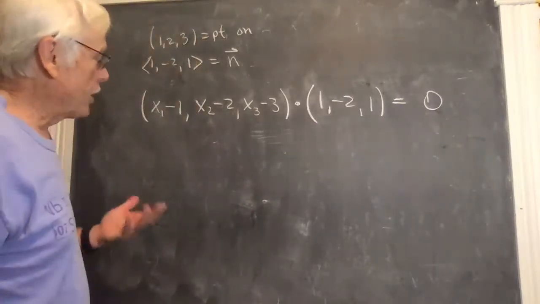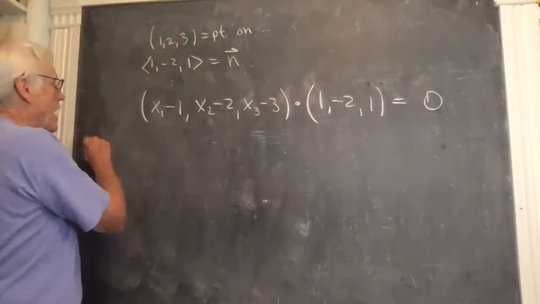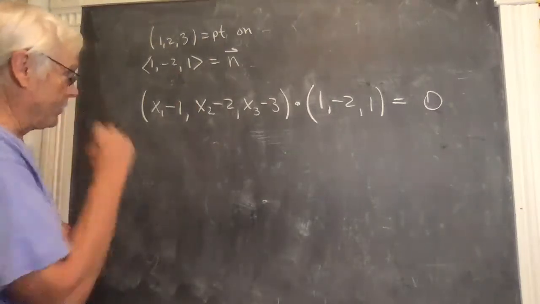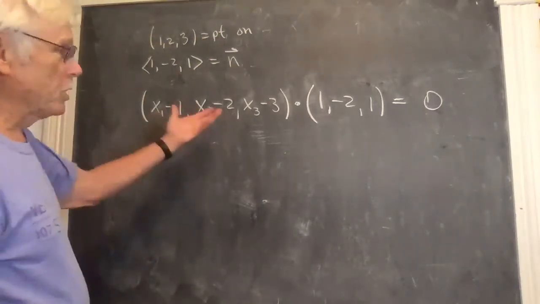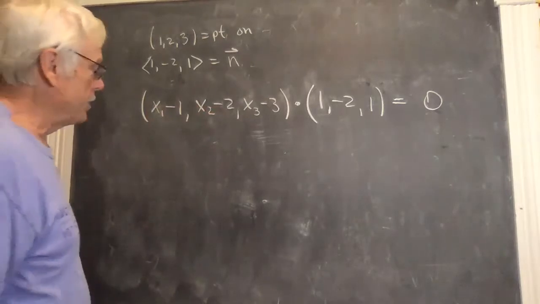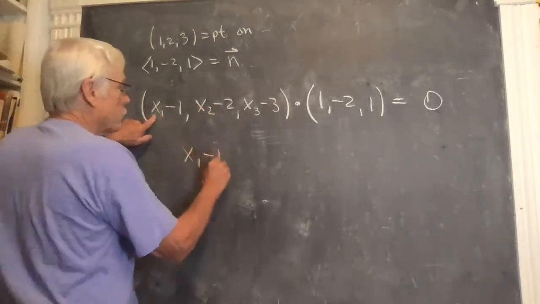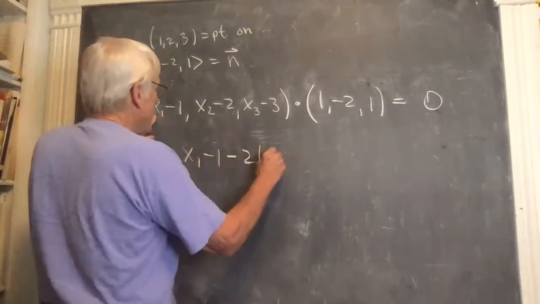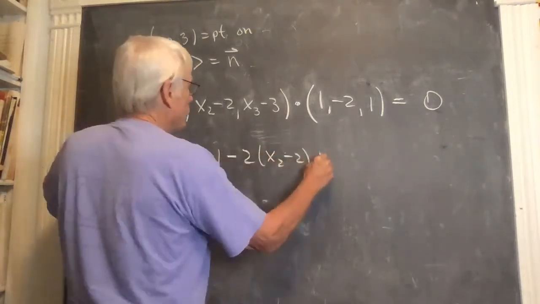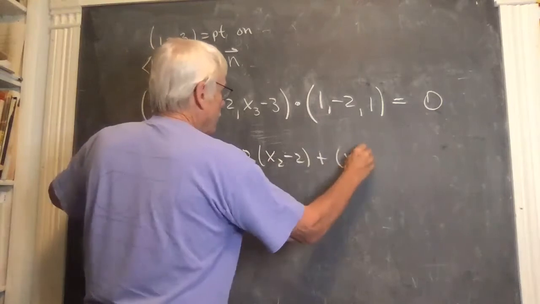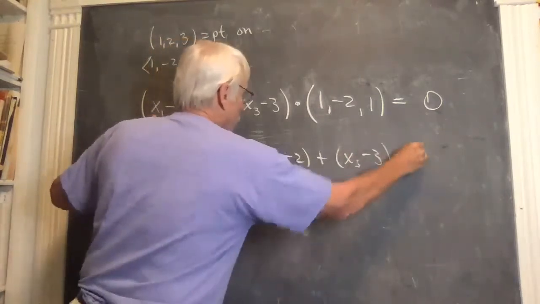And the second thing I asked about it is find some points on it. So to do that, I'm going to multiply this out and get the expanded Cartesian equation. So x1 minus 1 minus 2 times x2 minus 2 plus x3 minus 3 equals 0.